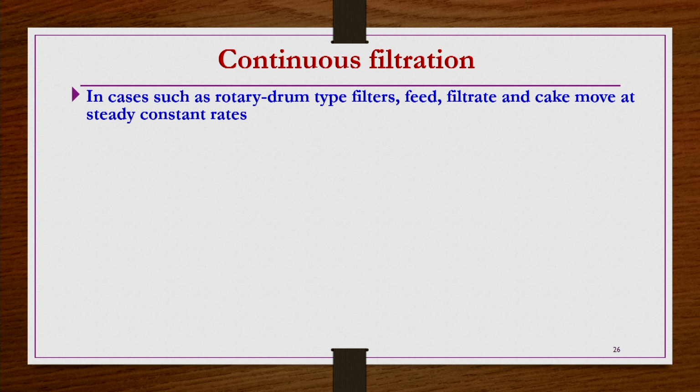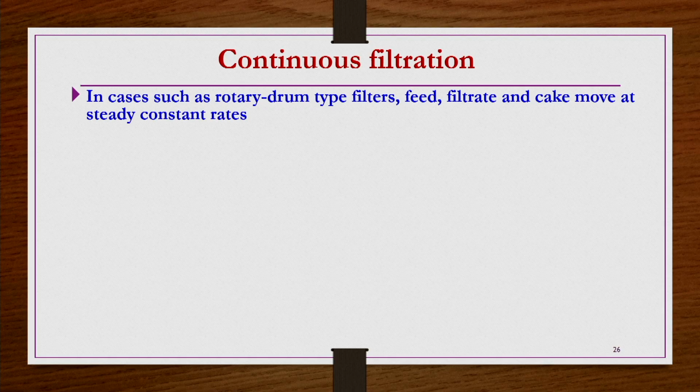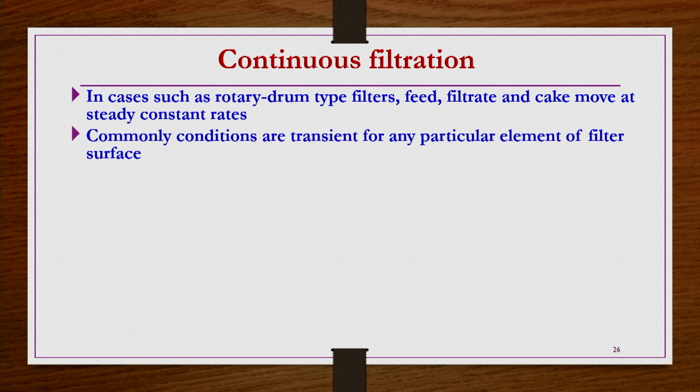In continuous filtration, the feed keeps coming in, the filtrate keeps being collected, and the cake removal or discharging goes on continuously as long as the cycle is in progress. We are not going to stop the experiment for discharging the cake. Under such conditions, we call it continuous filtration, and rotary drum type filters are continuous filters.